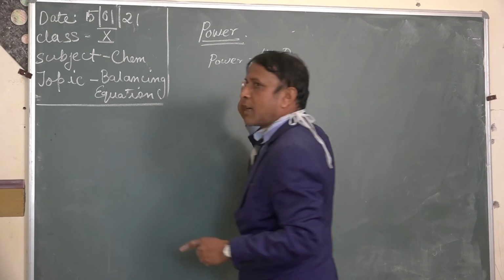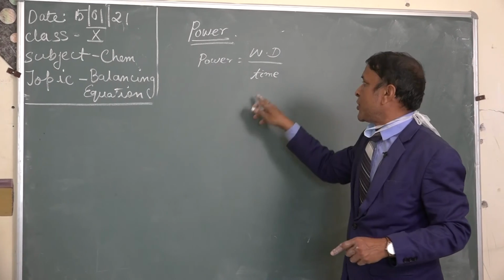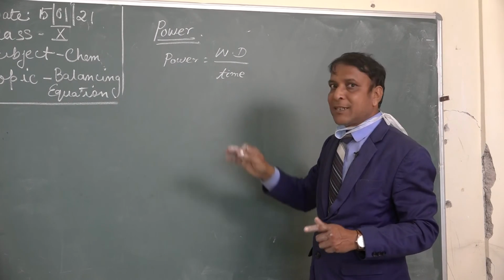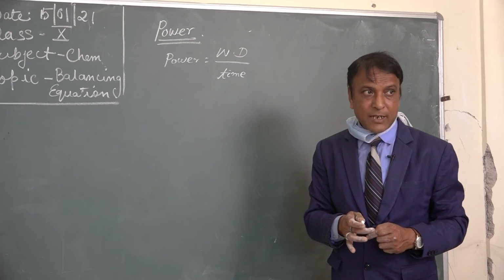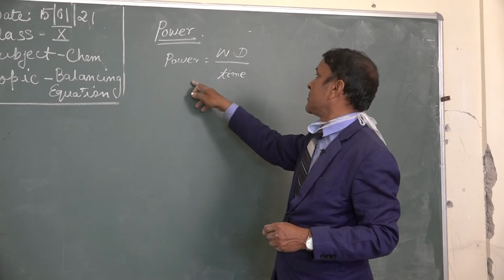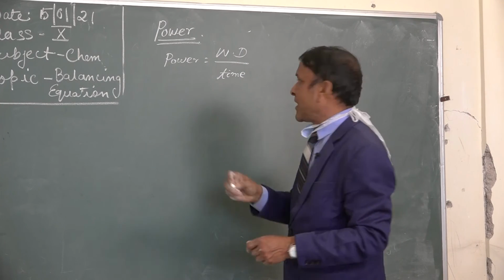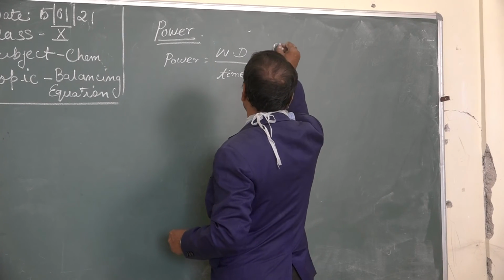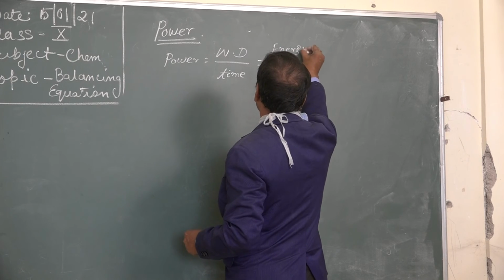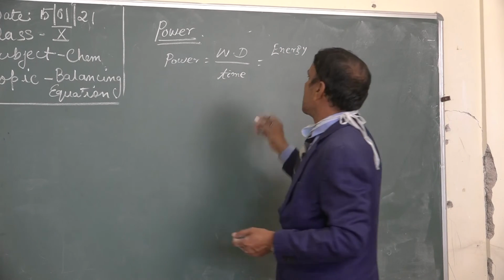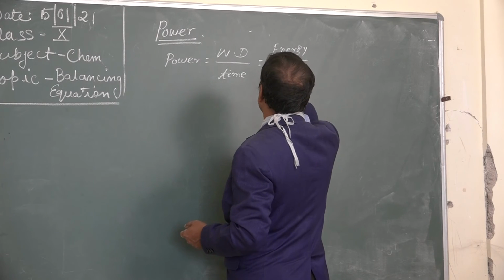When any physical quantity is divided with time, then this term rate is used there. Understanding? So power is equal to work done by time. But work done, as I said, is also energy. The unit of work done is joule, and the unit of energy is also joule.